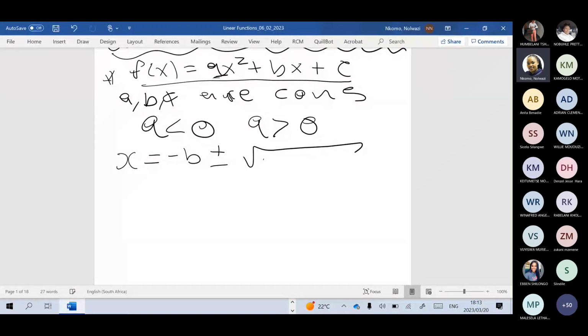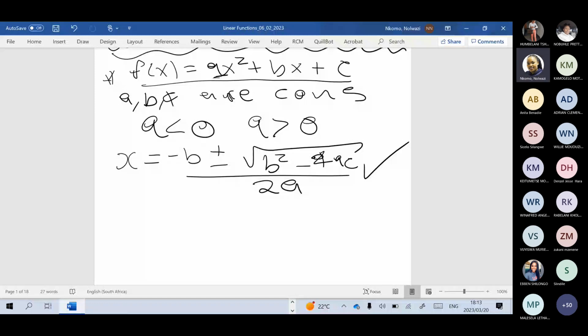Either you use this formula to find your roots, or you factorize. But if it's not easy to factorize ax squared plus bx plus c equals 0, you can simply use this equation to find your roots.